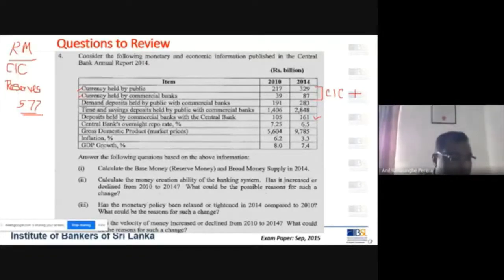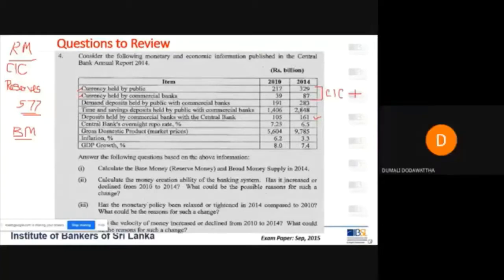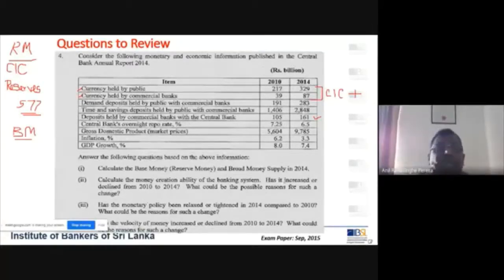Broad money. How do you define broad money? When you calculate broad money, what is the easiest way to do that? What do you calculate first? Narrow money. Narrow money, exactly. First we calculate M1.